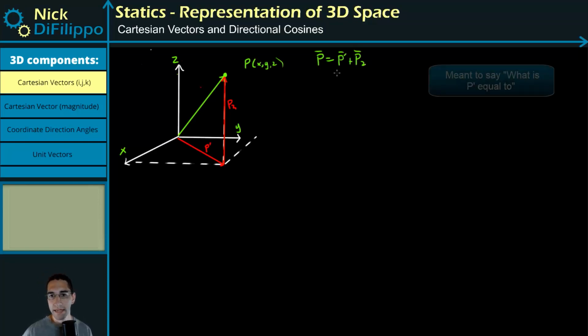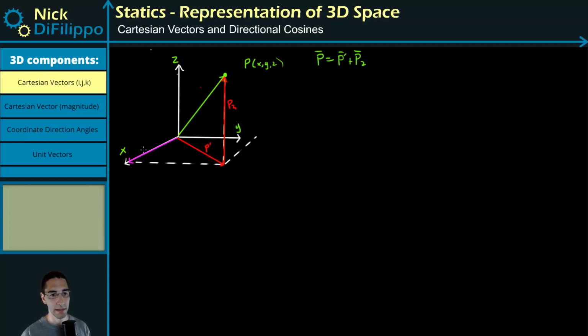Now, what is Pz equal to? Well, I can go this way along the x, so this can be some Px. And I can go this way along the y, and this can be Py. So I have P prime, my vector, is equal to Px plus Py.